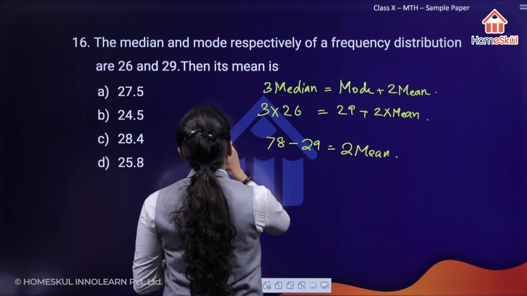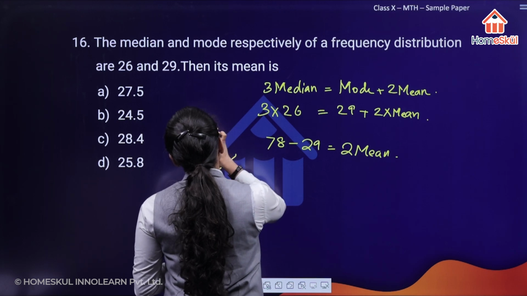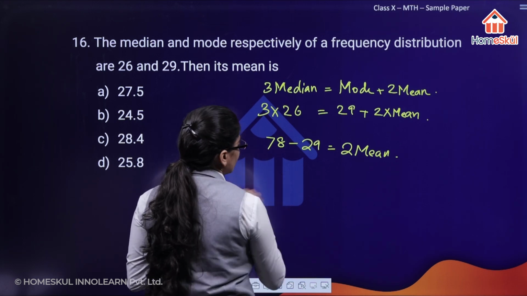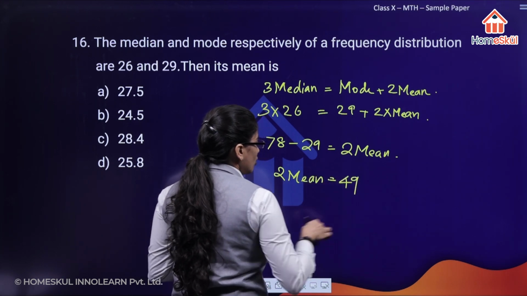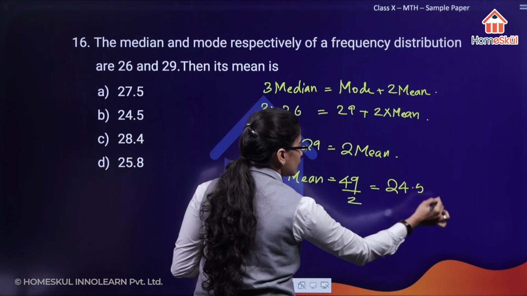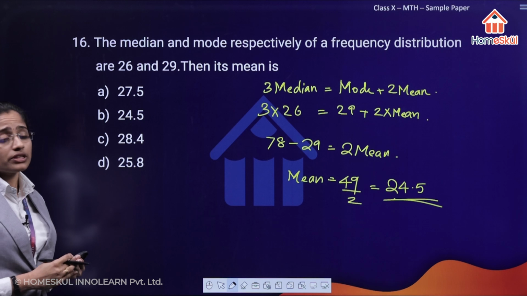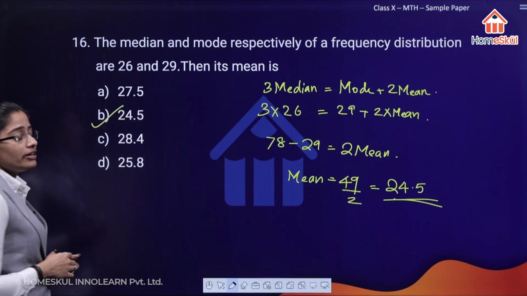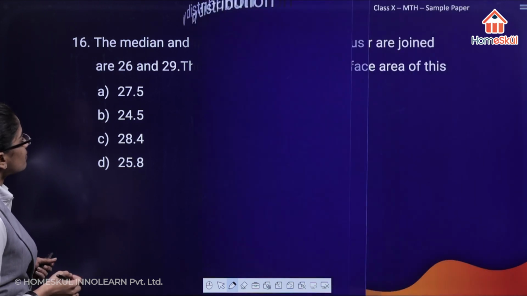What is 78 minus 29? 49, isn't it? That is, 2 times mean is equal to 49, or mean is equal to 49 by 2, that is equal to 24.5. So here we are getting the mean of the distribution as 24.5. Okay, clear? Moving on to the next.